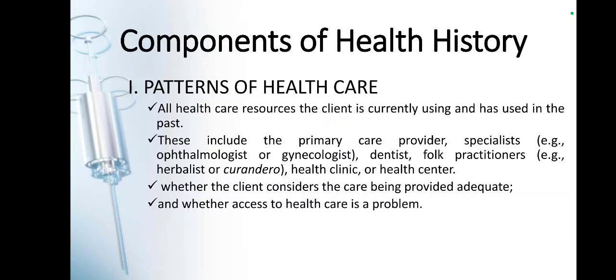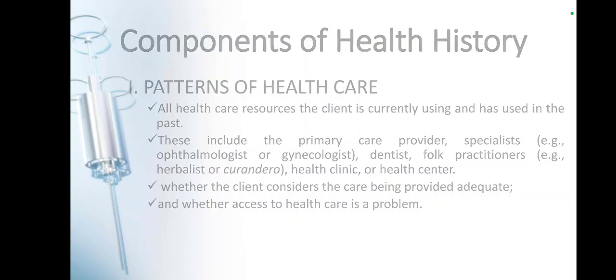Specialists such as ophthalmologists or gynecologists, dentists, folk practitioners for the traditional or complementary type of medicine, herbalists or curanderos, and then health clinics or health centers. So whether the client considers the care being provided adequate or whether access to healthcare is a problem or not.